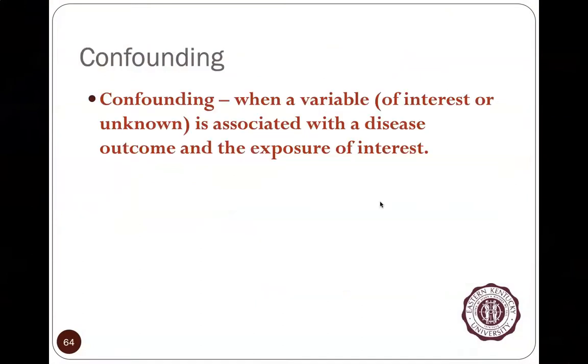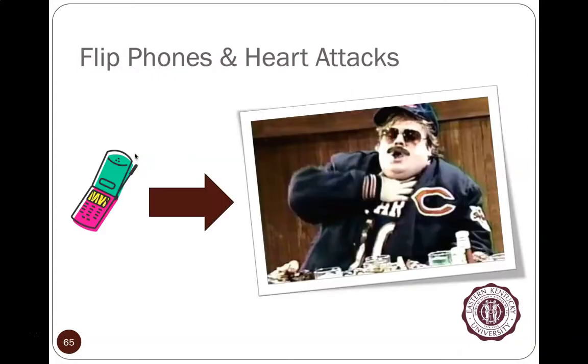It's confounding. Confounding is a situation where a variable of interest, sometimes even unknown, is associated with the disease outcome and the exposure of interest. So if the exposure of interest is a flip phone, and the disease outcome of interest is the heart attack, what's the confounding variable?